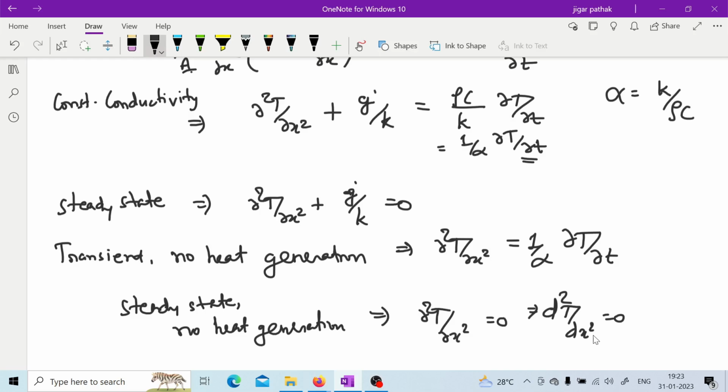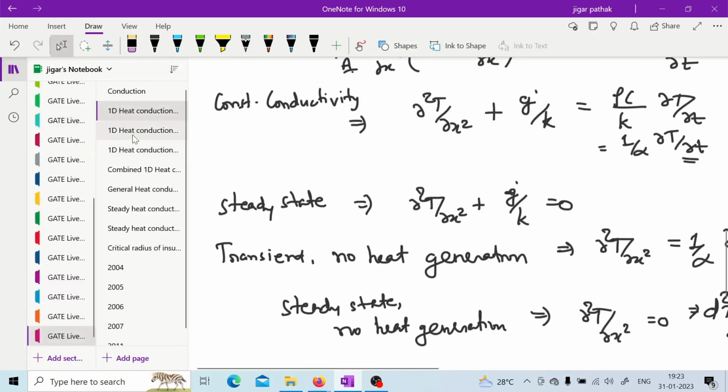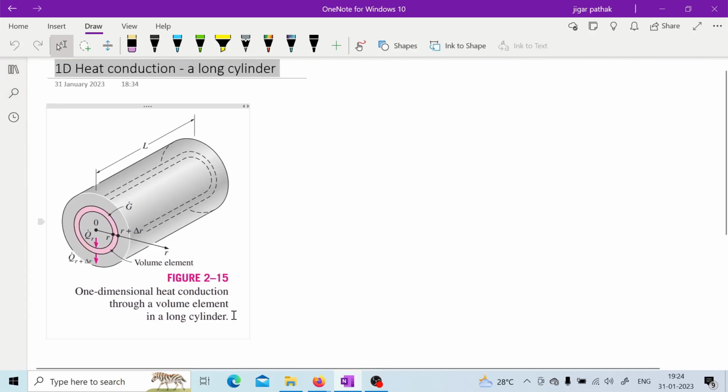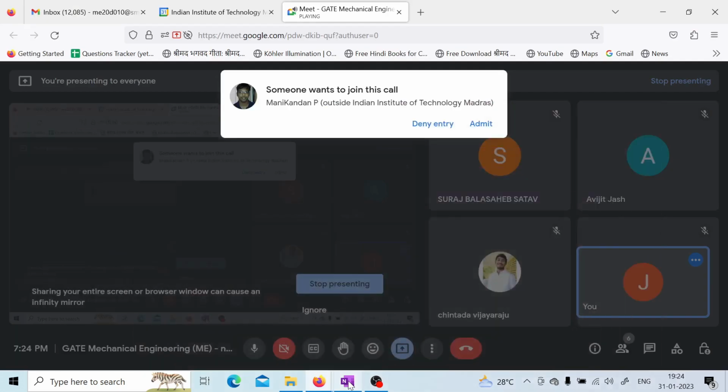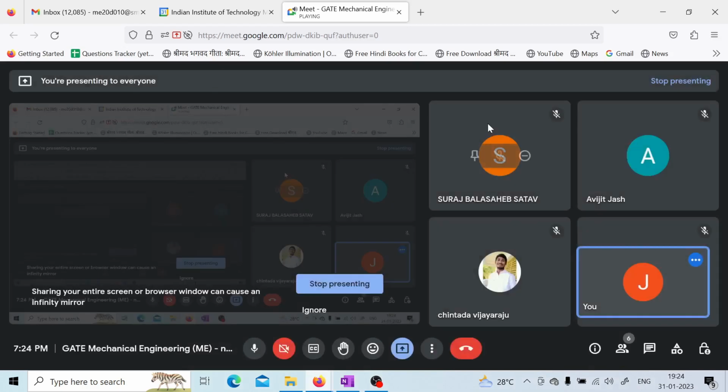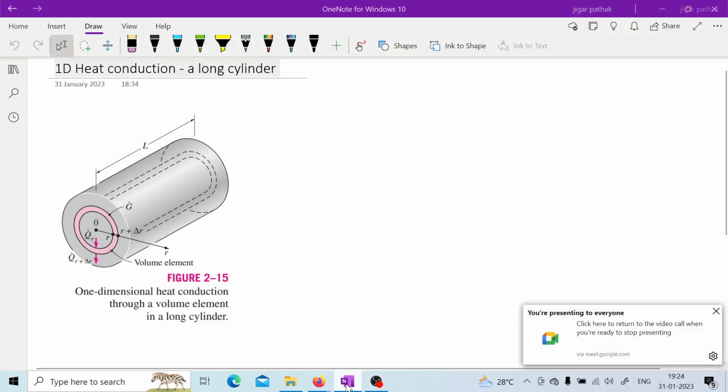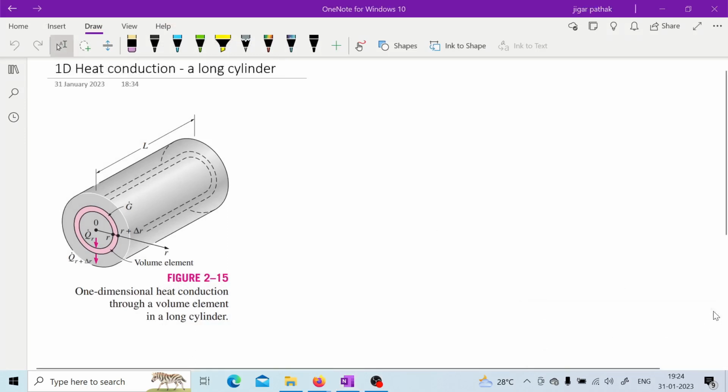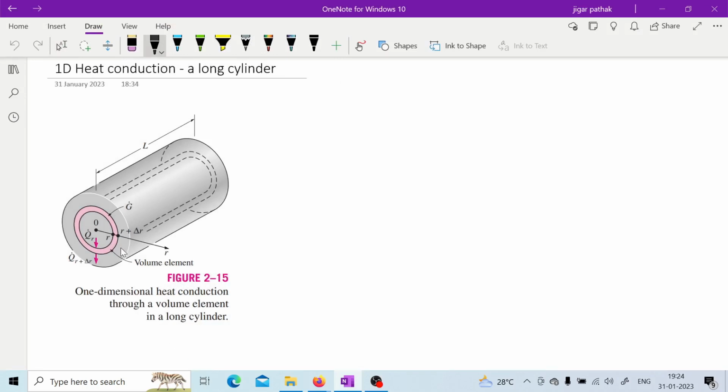Now if we go for a long cylinder, let us see how we can have this heat conduction. So here for this long cylinder, as you can see in this figure, what is going to happen is your area is now going to change, right?